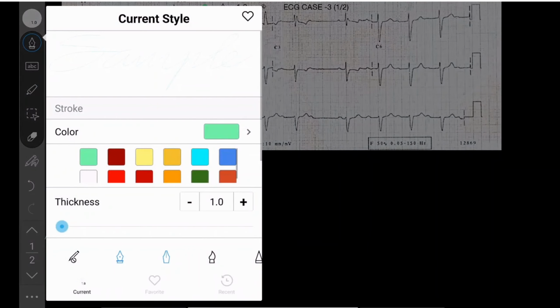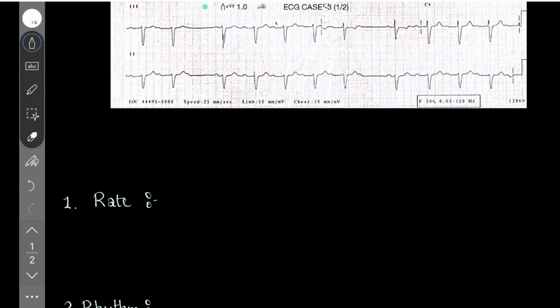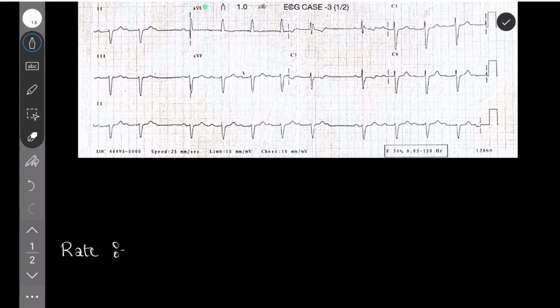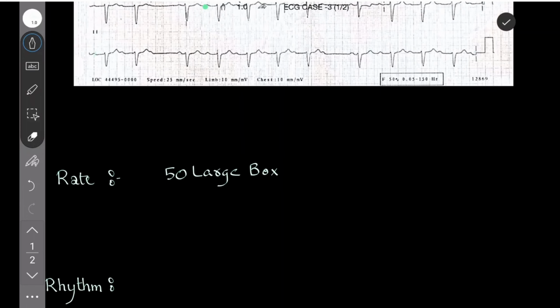First, the rate of the ECG. You count the first 50 big boxes, from here to here, 50 large boxes, and you find how many QRS complexes. Why?